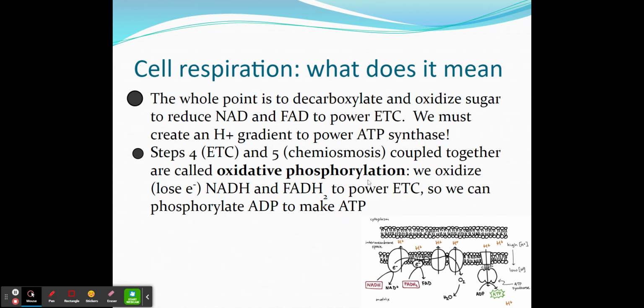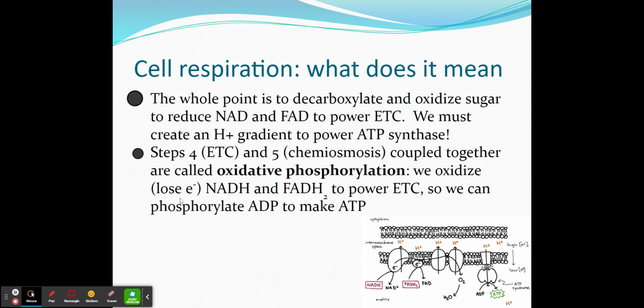Okay, a very important vocab word. This could be an extended answer 8-point question in 3 words: describe oxidative phosphorylation. Steps 4 and 5 together, the ETC eventually powering chemiosmosis, is called oxidative phosphorylation. Oxidative is step 4 because NADH and FADH2 are being oxidized as they lose their electrons.